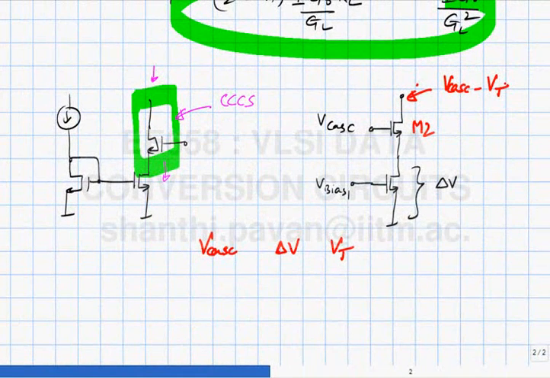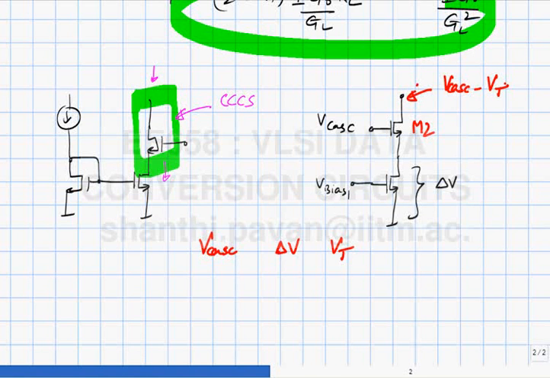And why are we interested in keeping M2 in saturation? So when does the common gate behave like a current controlled current source? You want this guy to be a current controlled current source, and it will multiply up the impedance looking in here by gmro only when this guy is in saturation. So that is why you are interested in keeping M2 in saturation.